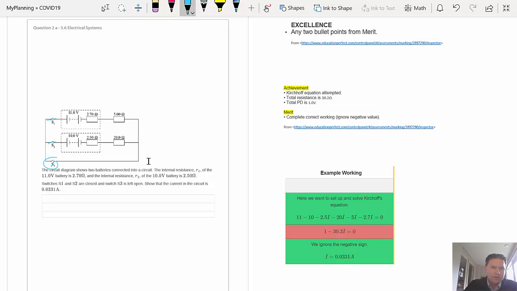And so we walk around our circuit, and it depends on which way you want to walk around the circuit. If we choose to go that way, I'll start here, and I have to decide which way the current's going. This is a higher voltage and the internal resistance is much bigger, so we'll assume this one wins and the current is going to go that way.